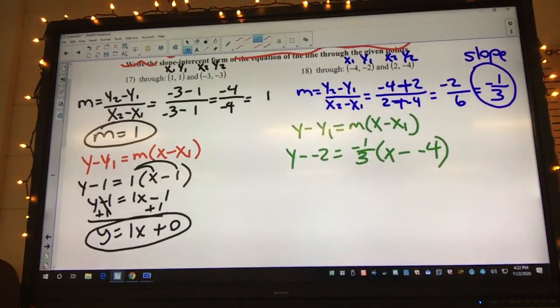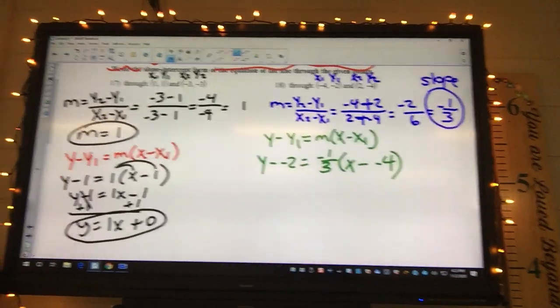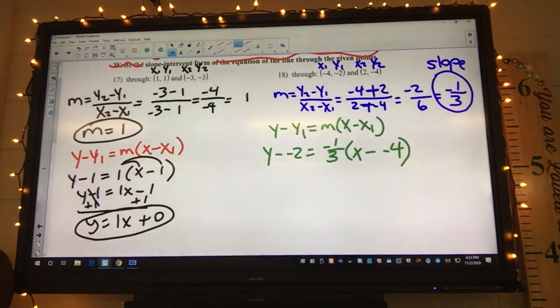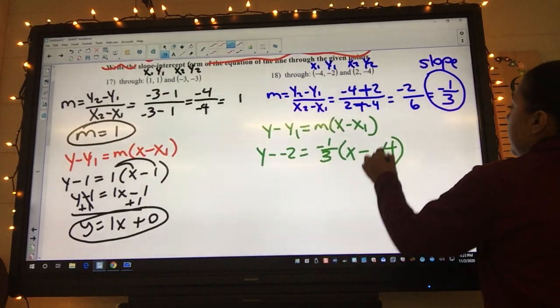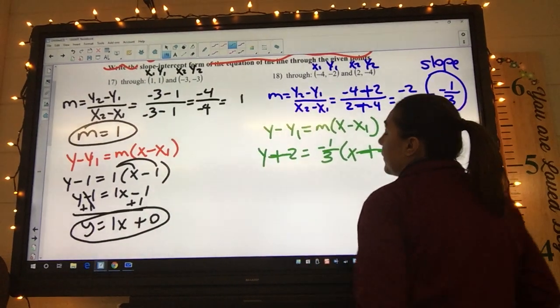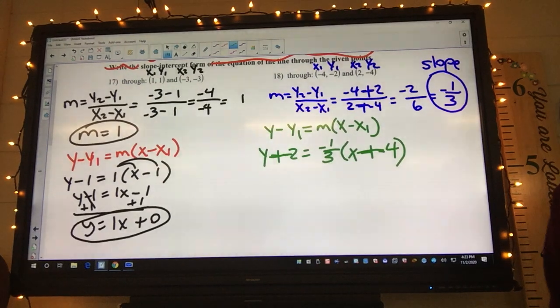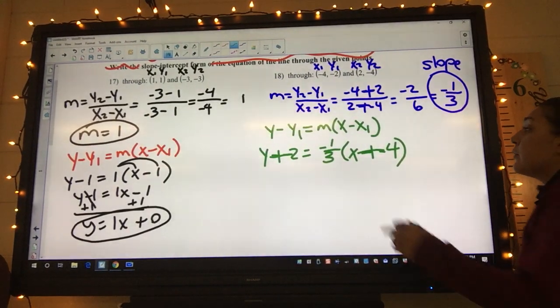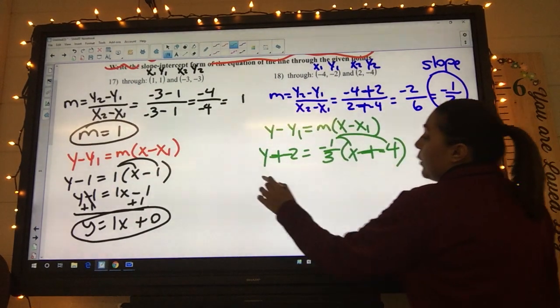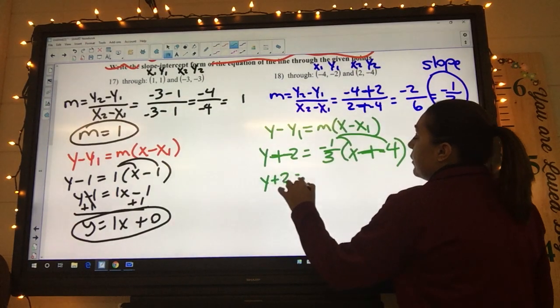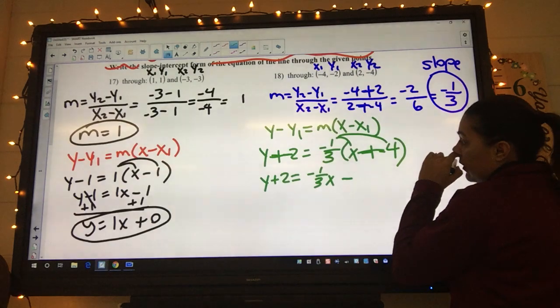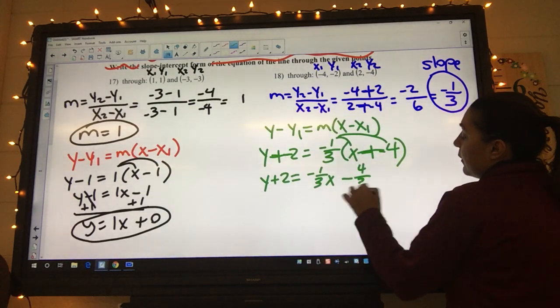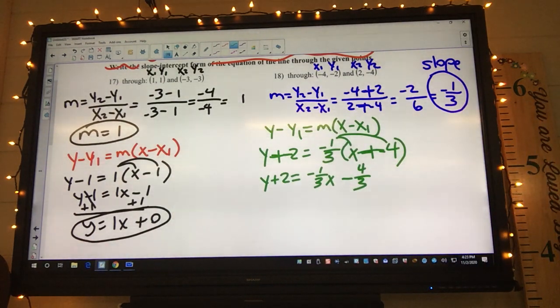Okay, well, we can change those minuses into a plus. Okay, so the minus, we can say plus, plus. Okay, and we're trying to get a slope intercept, which means I need to distribute, and get y all by itself. So we got y plus 2 equals negative 1/3 x minus 4 over 3.